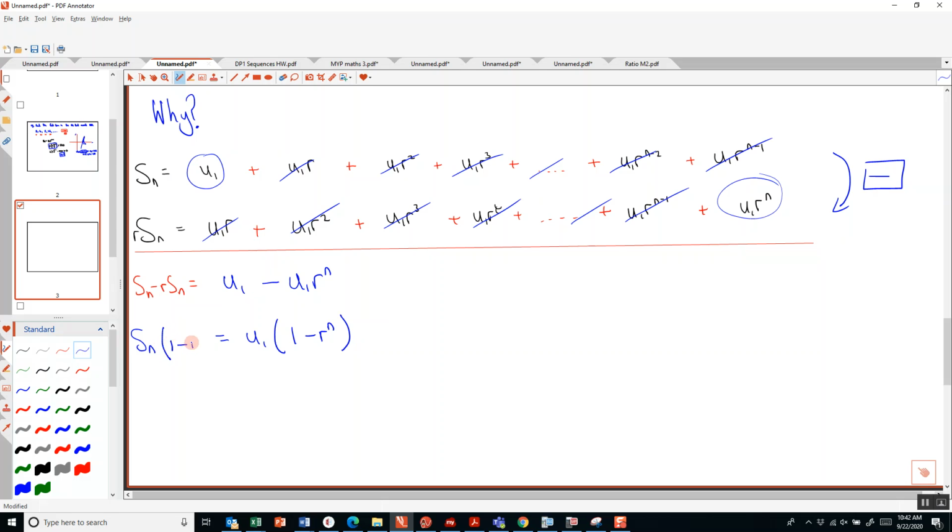And remember, the whole point of this is to find the sum, so you isolate it by dividing by 1 minus r. Exactly. And that is our formula. You don't need to remember it, it's in your formula booklet.